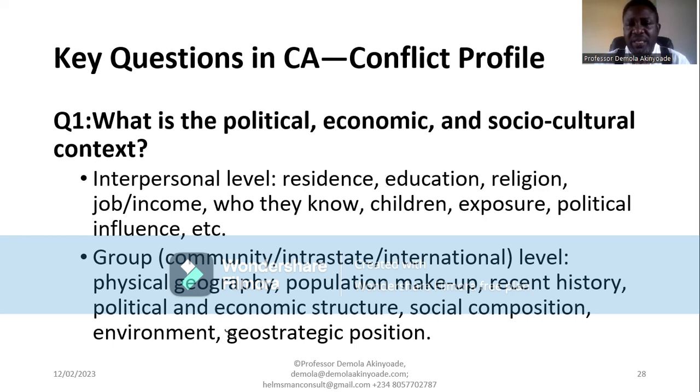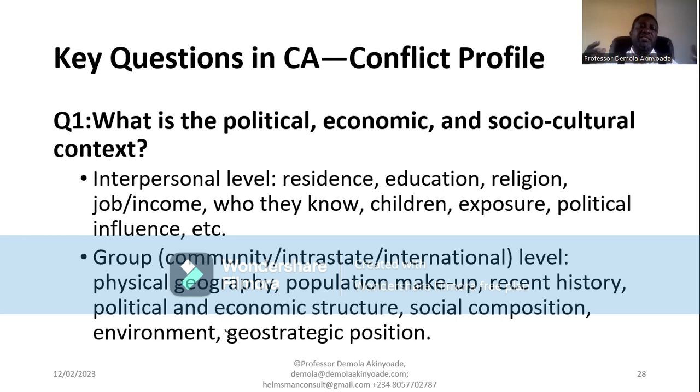It's not interpersonal. The conflict is not between Asiwaju Bola Ahmed Tinubu, and Peter Obi and Atiku. Although in the court, they will present their names, but the conflict is actually between their parties.